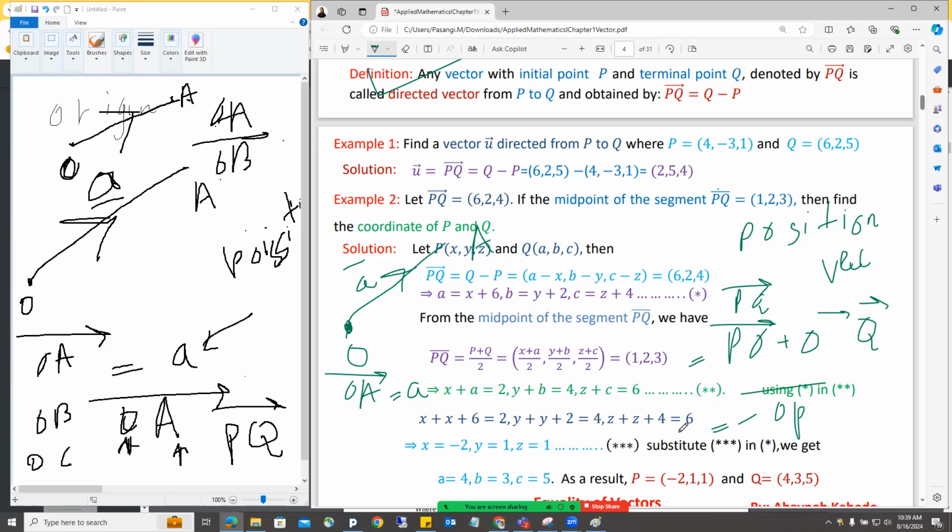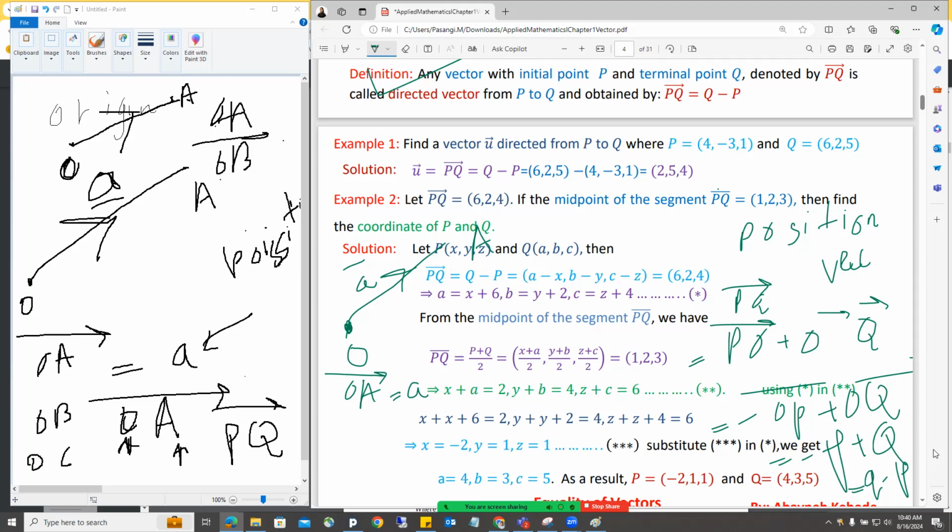I changed it to the other way, so there should be a negative as well, to get a simplified answer. So instead of PO plus OQ, I'm considering minus OP plus OQ, that is minus P plus Q, so we have Q minus P.